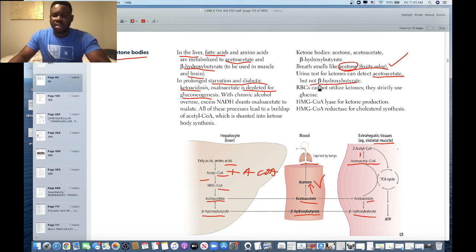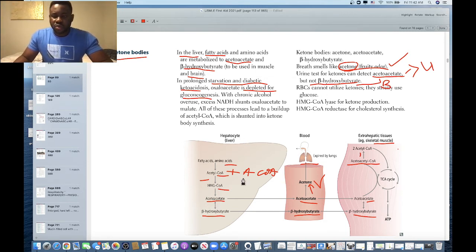Okay, so they are saying that the urine test can only detect acetoacetate but not beta hydroxybutyrate. But a blood test can detect both of them. That's what you want to know. Blood test can detect both of them, but urine test is only for acetoacetate. So this is only for urine, but both of them can be detected in blood.